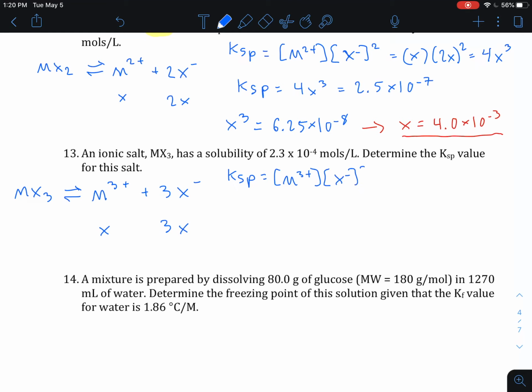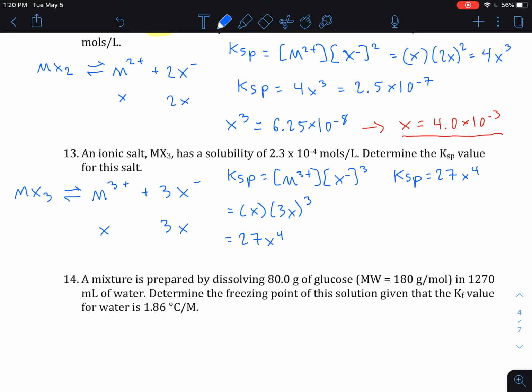And then again, following the same pattern, that means Ksp equals M3+ times X minus cubed. Remember, this is one of the things I said a lot, is if there are coefficients in the balanced equation, they'll show up once in the ICE table and then again as exponents. That's what we're seeing here. So this becomes x times 3x quantity cubed.